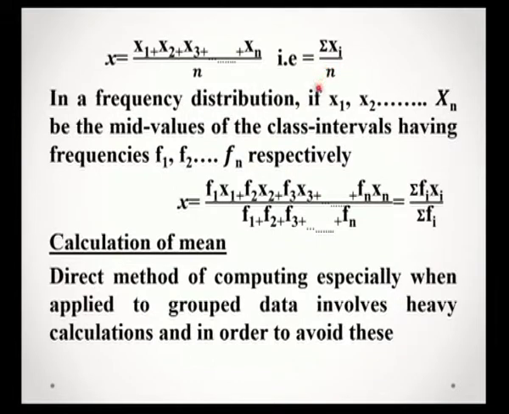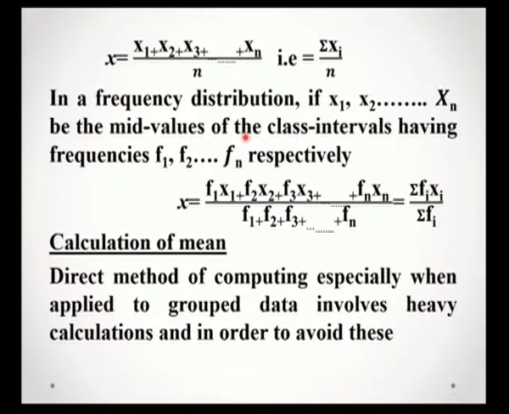In a frequency distribution, if these x1, x2, x3, etc., xn be the mid values of the class intervals, here you have to take the frequency distribution. Those frequency distributions are about mark distribution or some age distribution, gender distribution, like that.